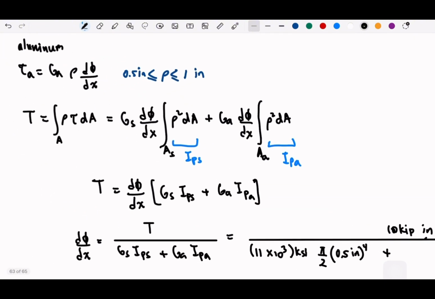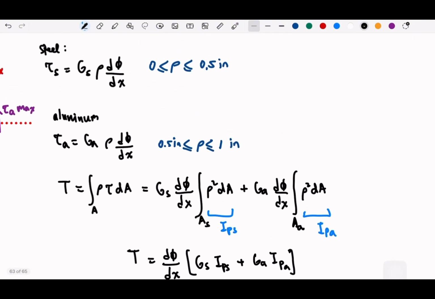Actually, you can write directly; this is just to show you how we can develop our equation. You can go directly to this formulation if you want.